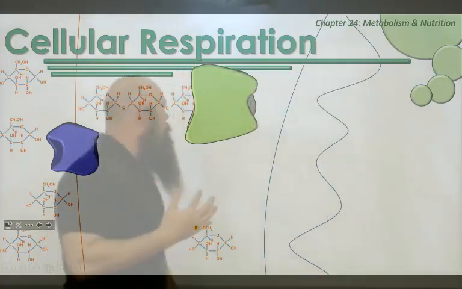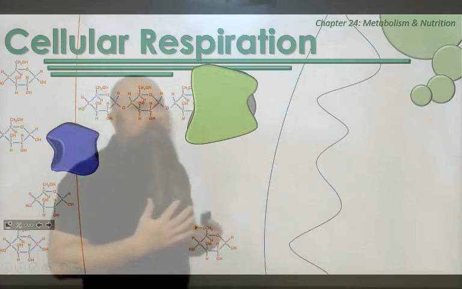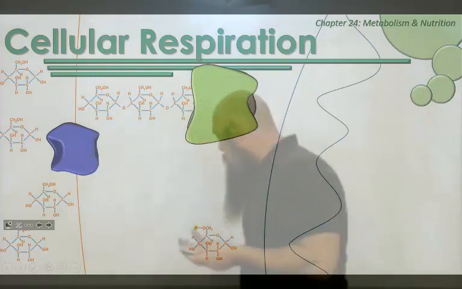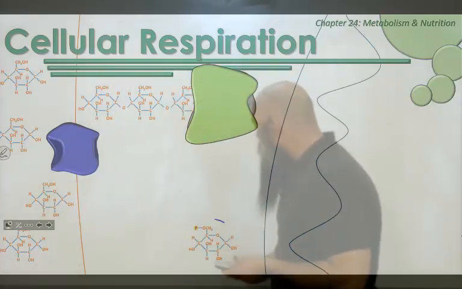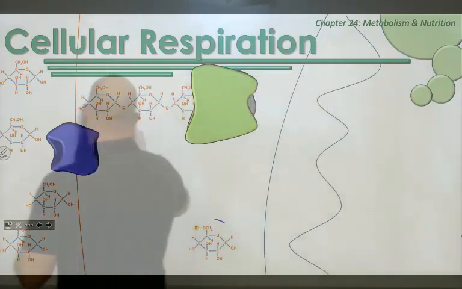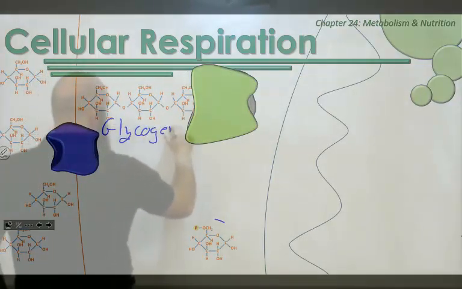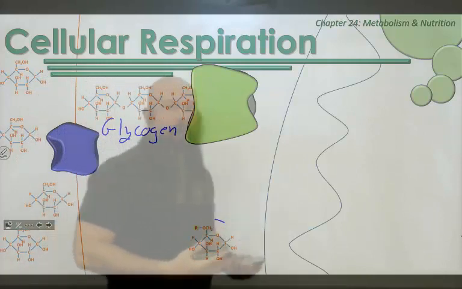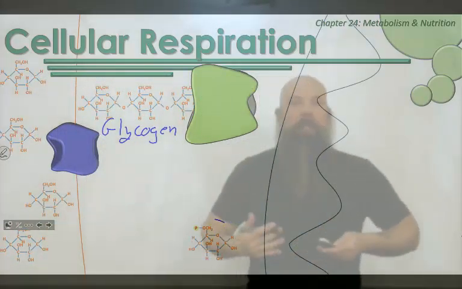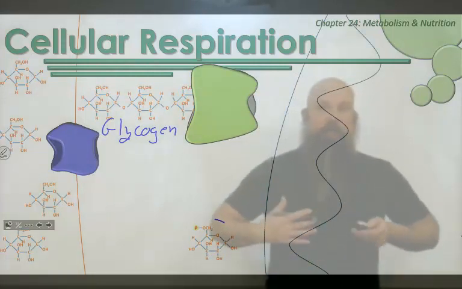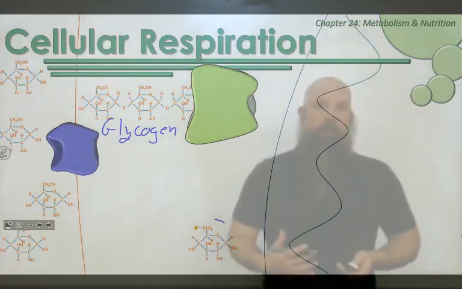We're going to do that through the action of a couple of enzymes. We don't need to worry about the names of these enzymes, but these enzymes are basically going to add the glucose 6-phosphate onto a glycogen. Glycogen is the polysaccharide that your body cells use to store glucose.